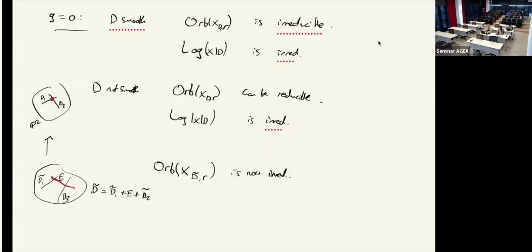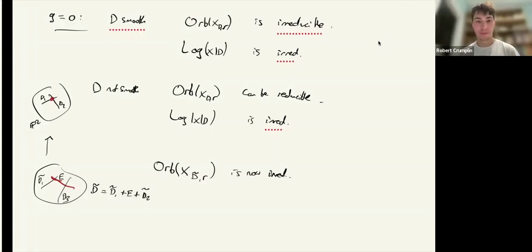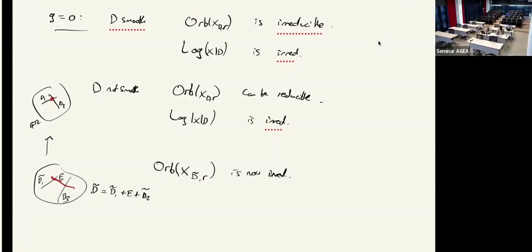And then you said it can be irreducible sometimes still upstairs. So the orb X dr, if D is not smooth. Is it something like if the tangencies to D1 and to D2 are coprime numbers, then it's irreducible?